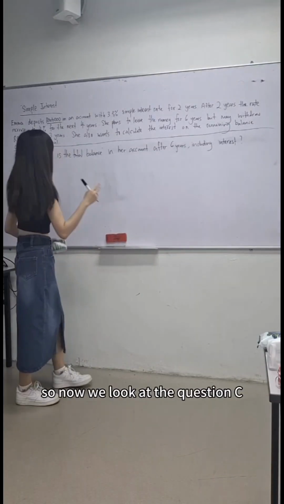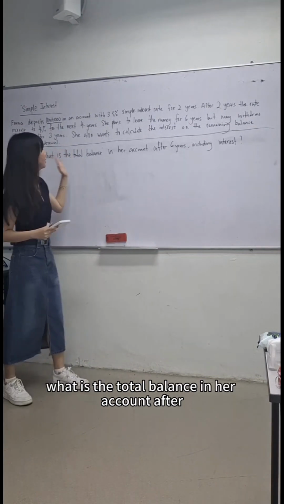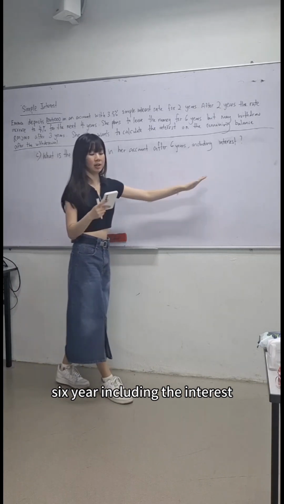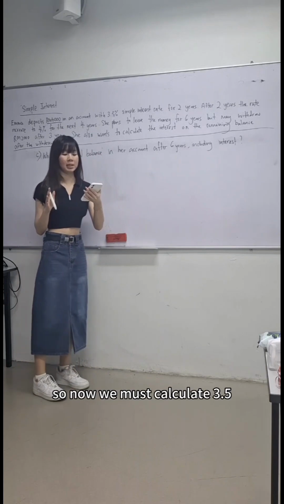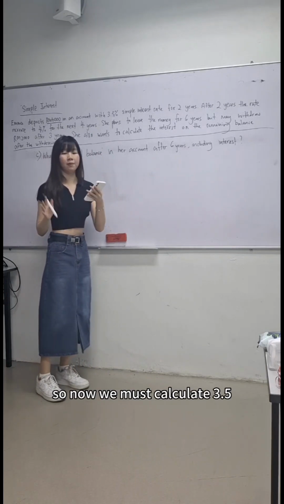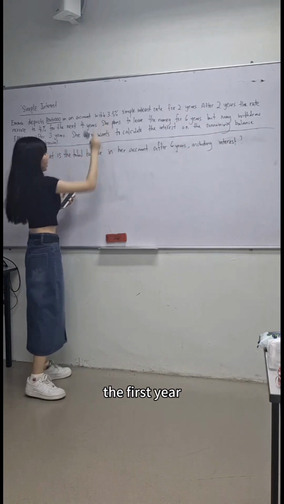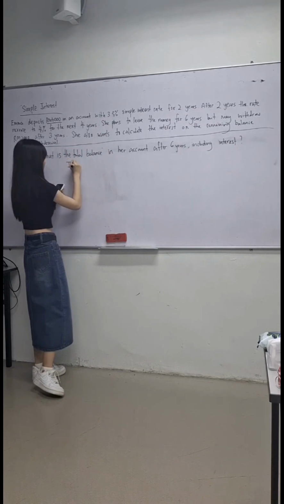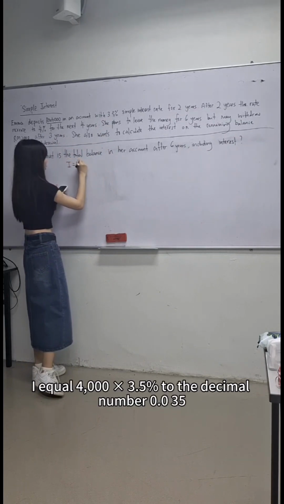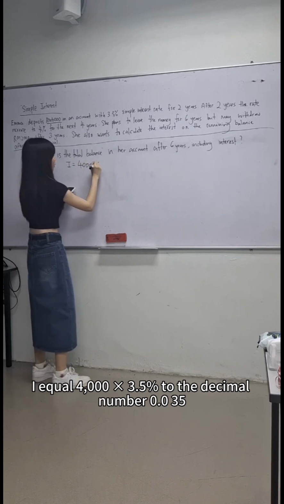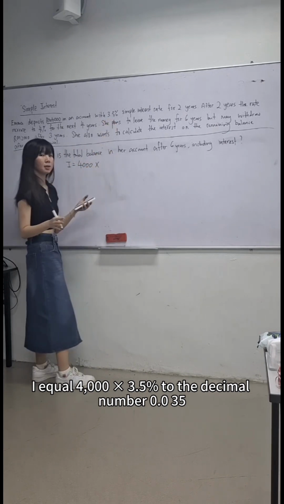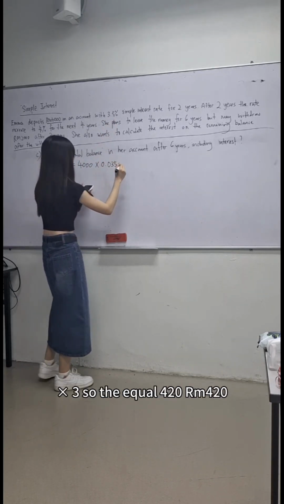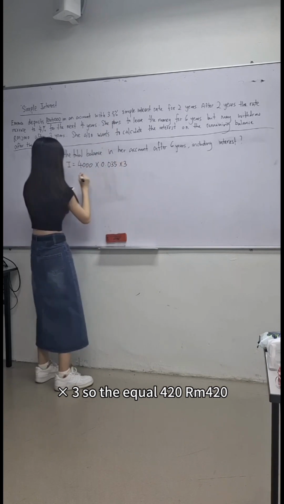So now we look at question C. What is the total balance in her account after 6 years, including the interest? So now we must calculate the 3.5% for the first 3 years. I equals 4,000 times 3.5%, as a decimal 0.035, times 3, so it equals 420 ringgit.